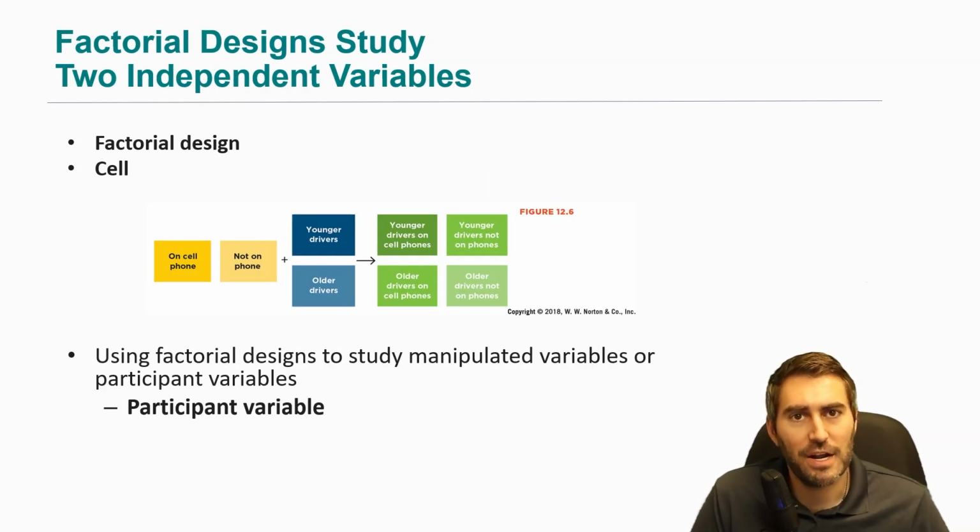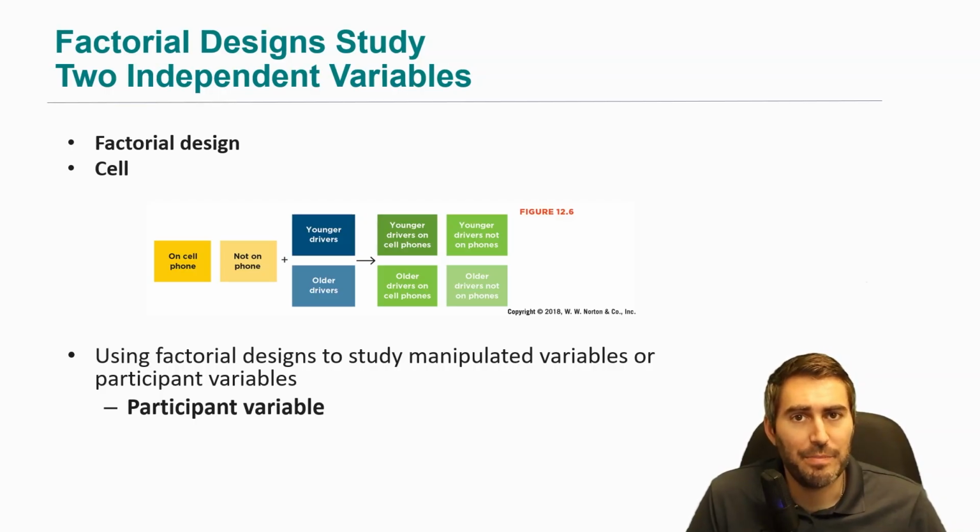Another name for studies that use more than one independent variable is factorial designs. Again, a factorial design is an experiment in which there are two or more independent variables. The independent variables are also called factors. Consider the Strayer and Drews study that examined whether the effect of driving while talking on a cell phone depended on the driver's age.